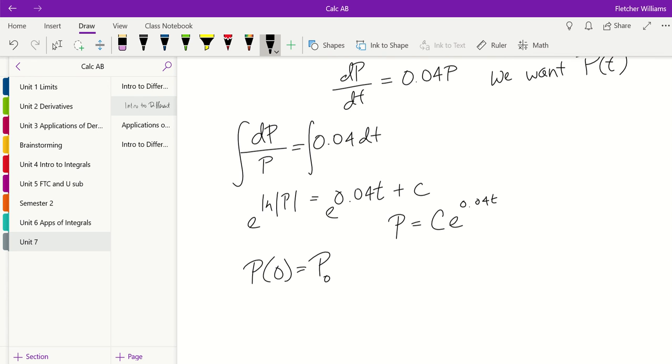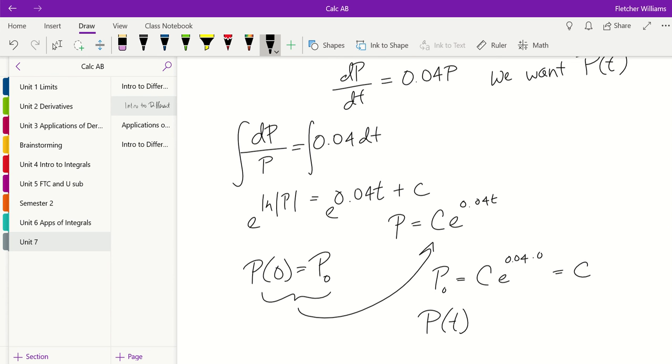Then if we substitute this in here, we get P naught equals C e to the 0.04 times 0, or just C. So C equals P naught, and P of t equals the initial population times e to the 0.04t.